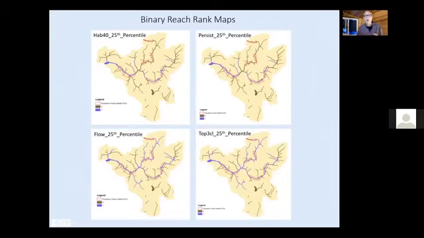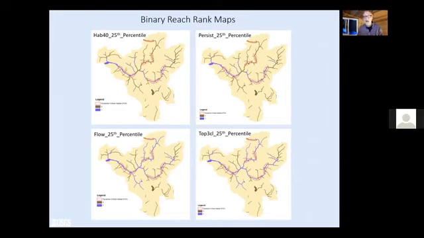You can see the 4 that are used now for the ranking scheme. Predicted habitat, 25th percentile on the left. The top 3 probability classes, lower right. The flow magnitude on the lower left, and then habitat persistence on the upper right.